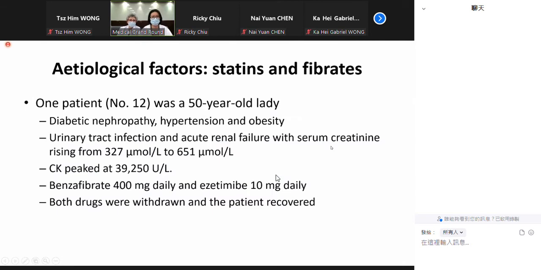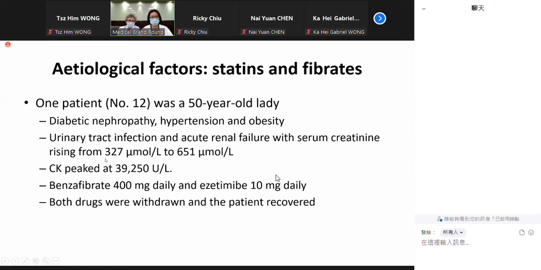Yeah. So, just for example, one of the cases was a 50-year-old lady who had diabetic nephropathy, hypertension, and obesity. And she was admitted with a urinary tract infection and acute renal failure. And her creatinine went from 327 to 651.